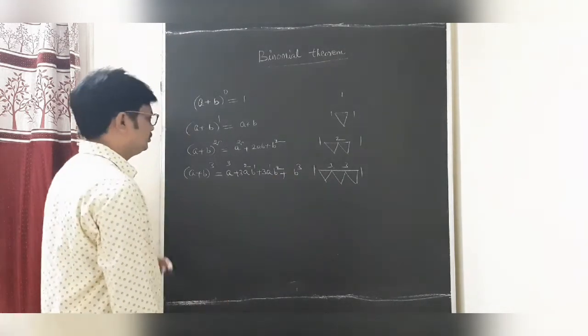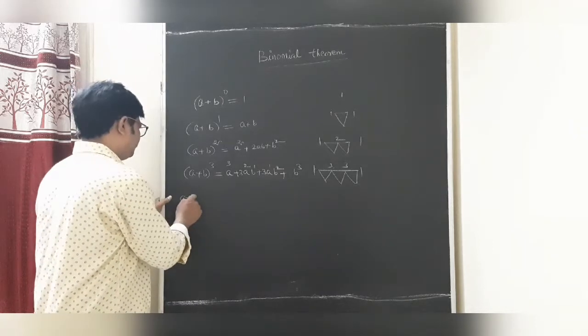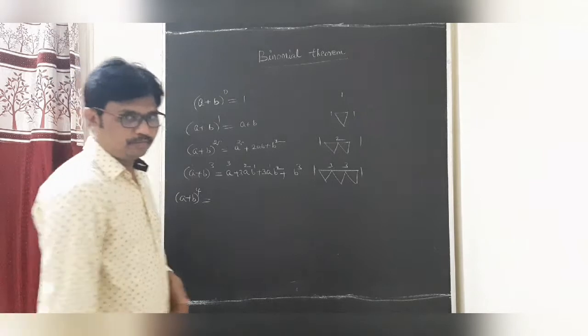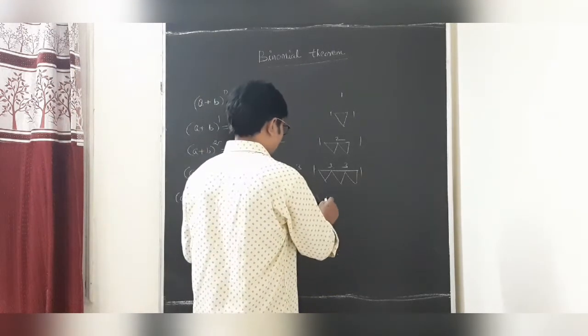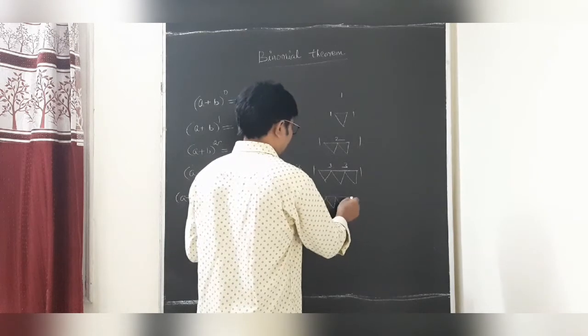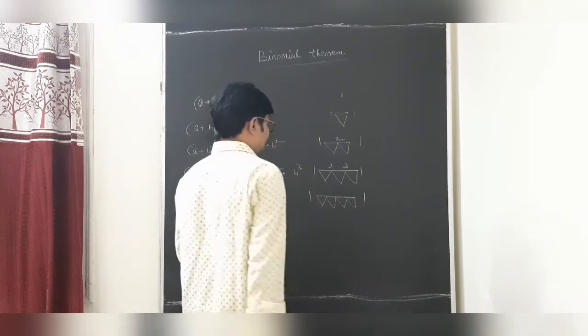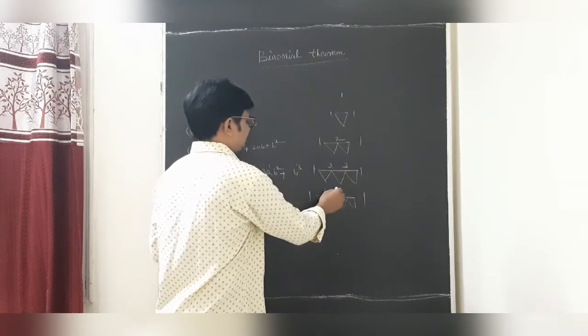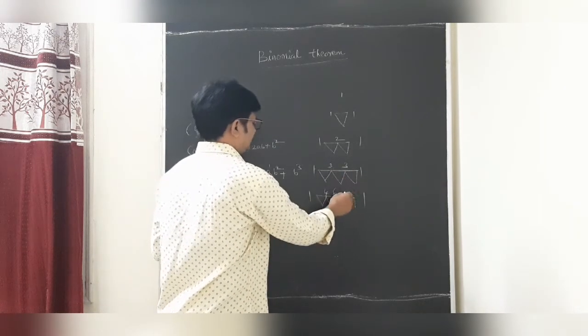Now, a plus b whole power 4. How do we find a plus b whole power 4? We take the fourth Pascal triangle. This is 1 1. Therefore 1 plus 3 is 4, 3 plus 3 is 6, 3 plus 1 is 4.